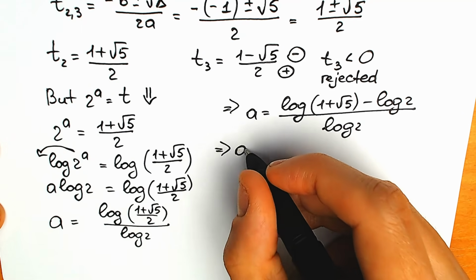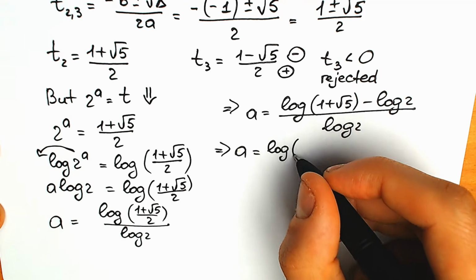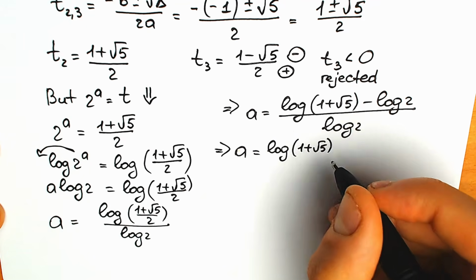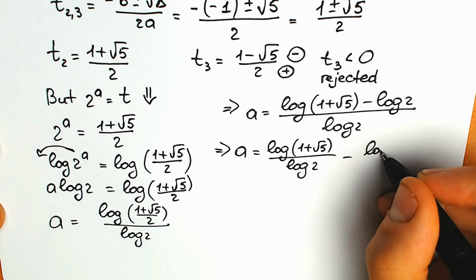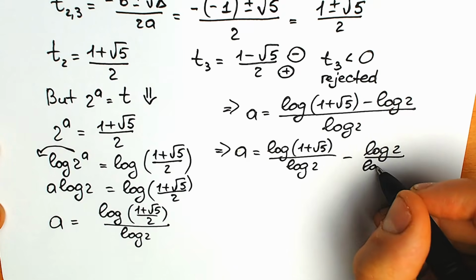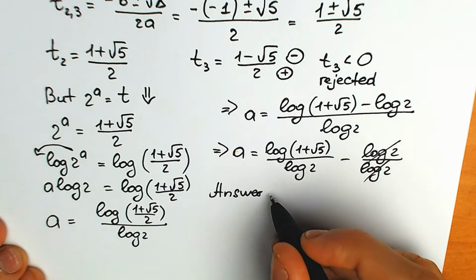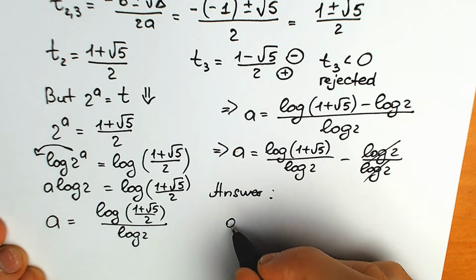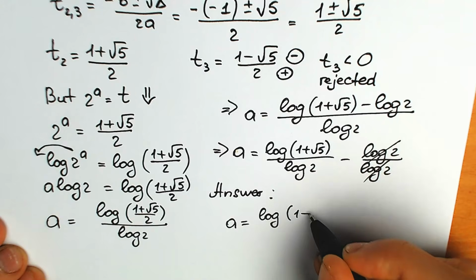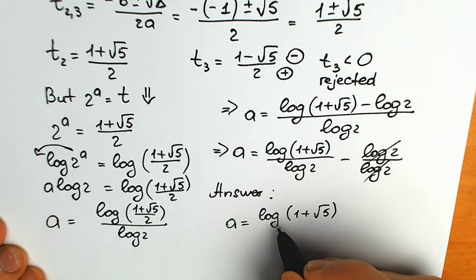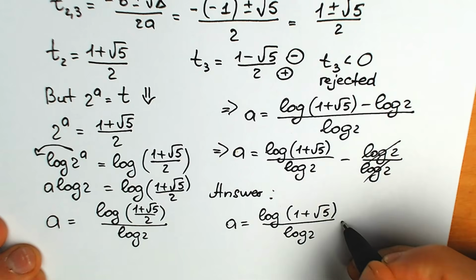So we have a equal to log of (1 plus square root of 5) over log 2, minus log 2 over log 2, and right here we can easily cancel the logs on the right side. So the answer to this question is a equal to log of (1 plus square root of 5) over log 2, and right here we have 1, so minus 1.